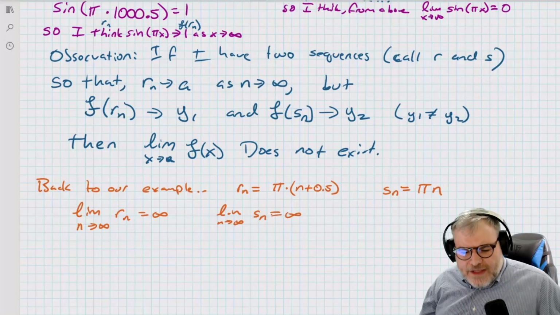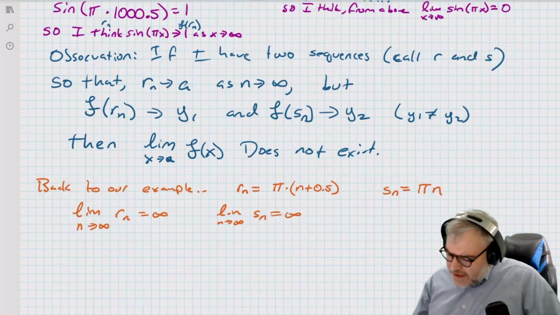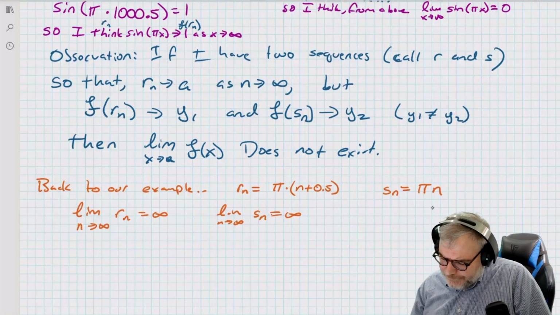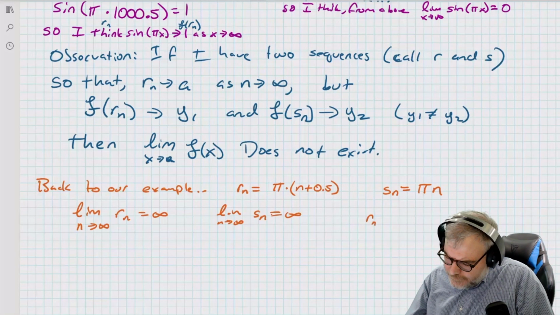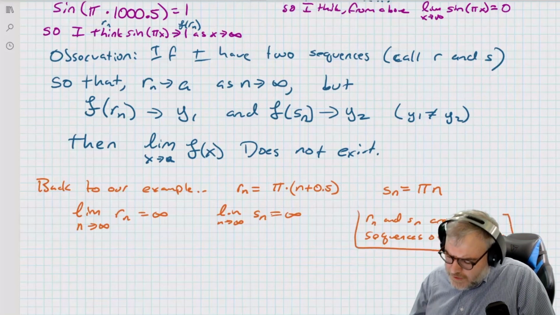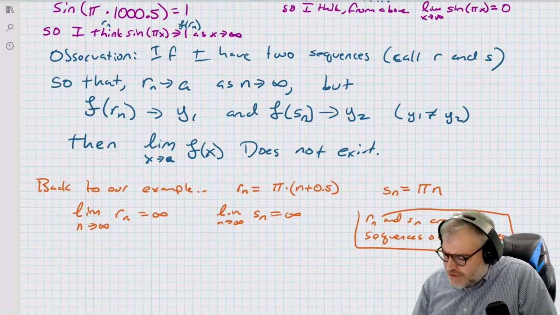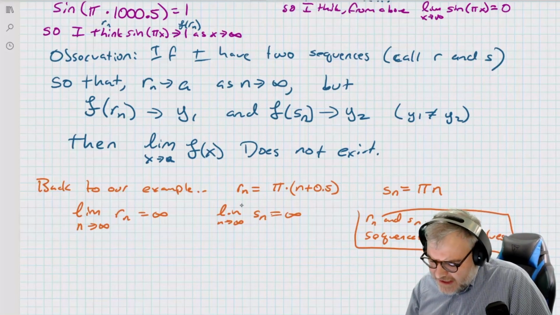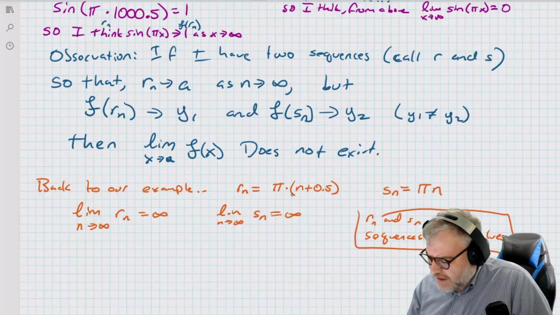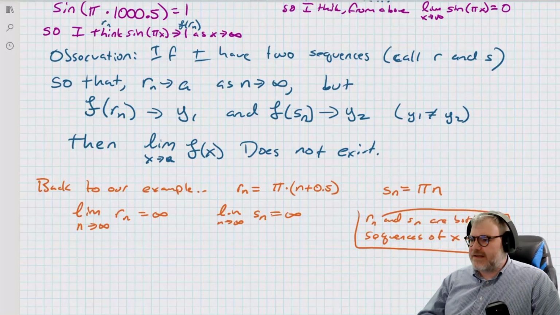Okay, so how do we feel about the idea that these two sequences, these are both in the X space? Okay, and they both go to infinity. Right? If I take the limit as n goes to infinity of this sequence here and this sequence here, I get infinity.